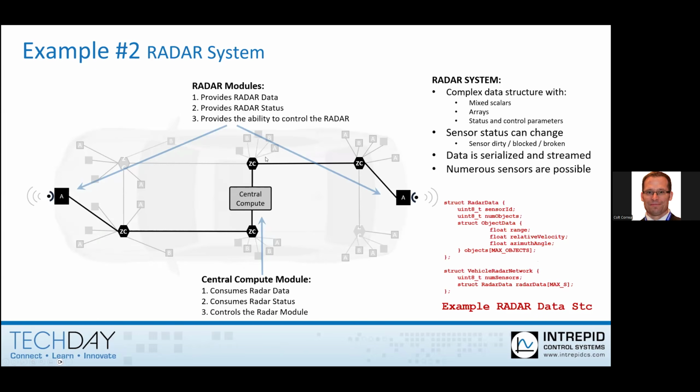That could be some information that the radar system is going to transfer to the central compute module. Often the radar system is designed to detect objects, so this could be an array of objects that the system has detected either on the front end or the back end. And this is another example of relatively complex data that can be sent over Ethernet using SOME/IP.